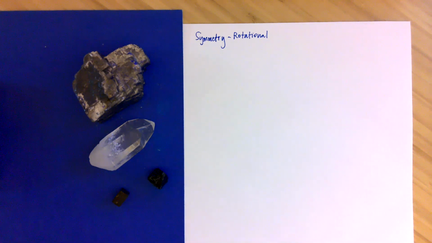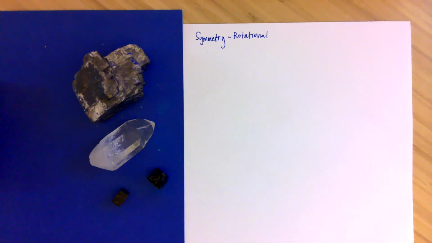So we can use the arrangement of the faces or the symmetry at which the faces exist to characterize crystal forms and relationships. And of course, this is all part of the characteristic of a mineral having an arrangement of atoms that are very specific to that mineral.